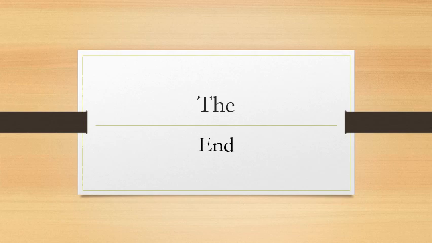Remember to read your question carefully, then answer to see whether it's true or false. And for the last group, you will be making the net of the cube or the net of the cuboid.